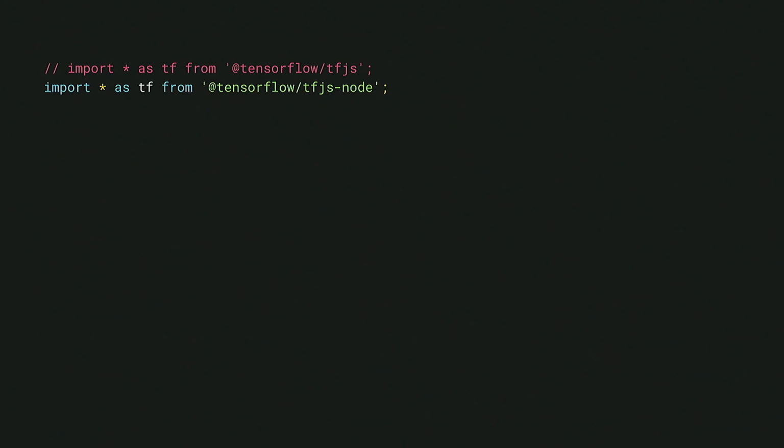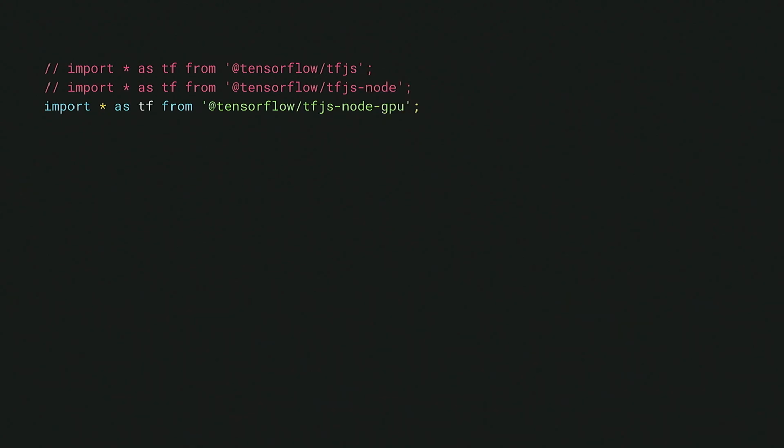And if you are working in Node.js, you can also use the tfjs-node library, which executes the TensorFlow operations using native compiled C++ code. And if you are on a system that supports CUDA, you can also import the tfjs-node-gpu library to get GPU acceleration when doing training or inference.